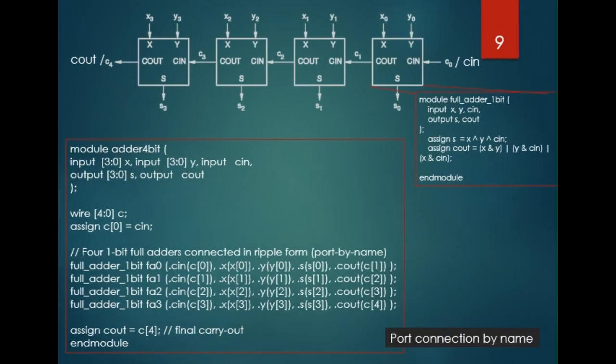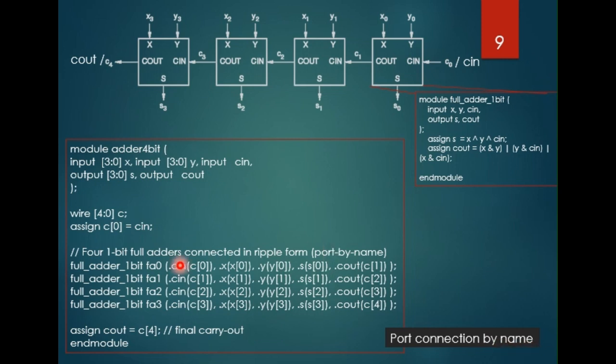As mentioned, the port connection can be done by ordering, and the second method is called port connection by name. If using this method, when you want to connect the top level signals to the input output ports of the components, as the name tells, you need to write the port name first.